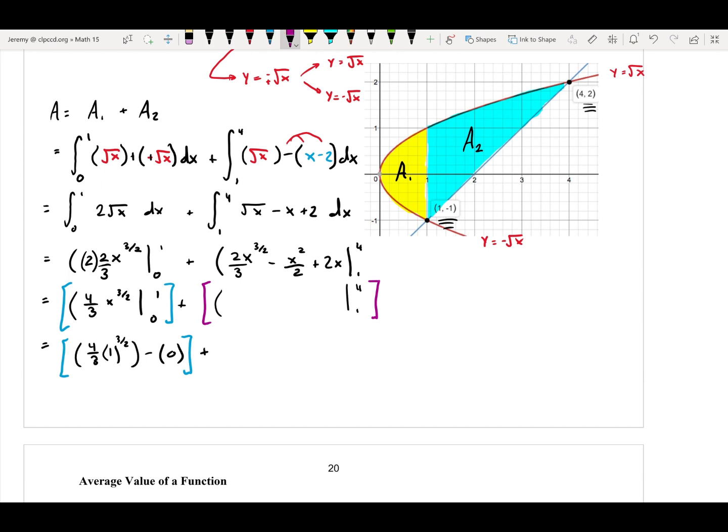Plus, and now working on the second integral, I'll evaluate this at 4. So 2/3 times 4 to the 3/2 minus 4 squared over 2 plus 2 times 4. And then subtract from that, plugging in 1, which is just going to be 2/3 minus 1/2 plus 2.